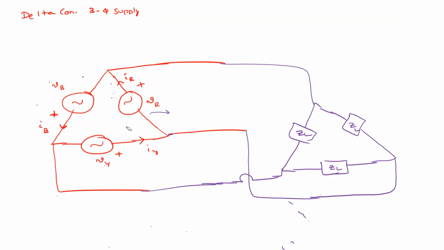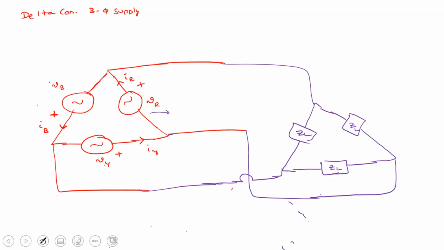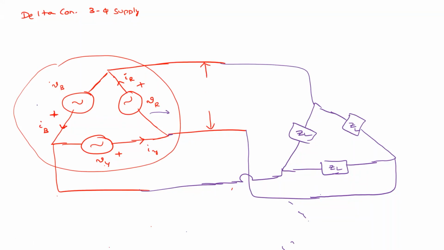Now what is line voltage? All these things are inside the machine. So what is outside here? What is this voltage? This is the line voltage, VRY. Now this voltage and this voltage are the same, right?